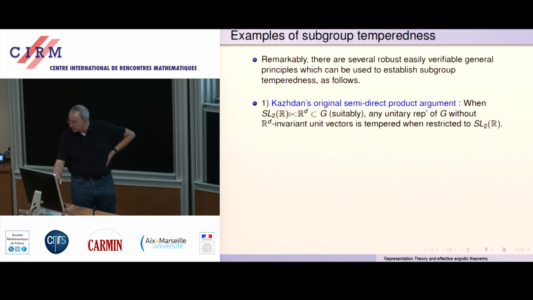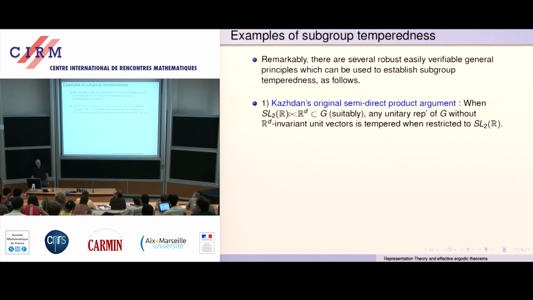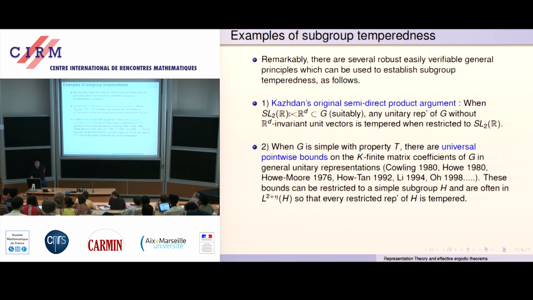It acts suitably, meaning it has no non-zero invariant vectors. Okay, so Kazhdan's argument can be generalized a little bit, and it has been over the years. It's actually a subject that received a lot of attention.